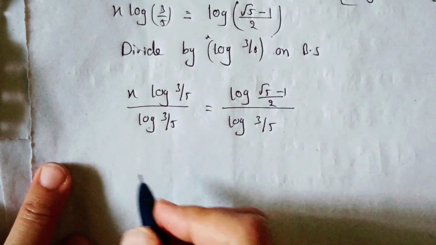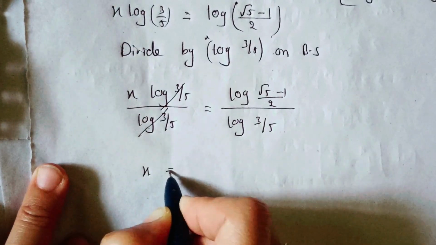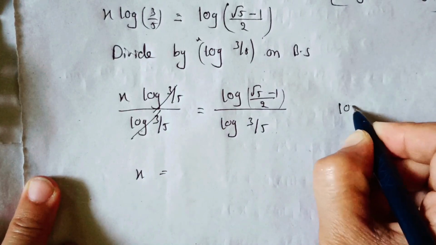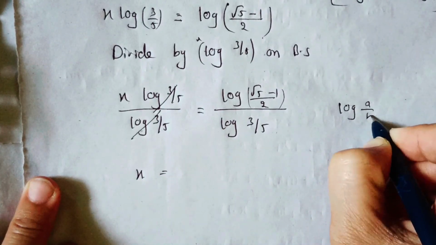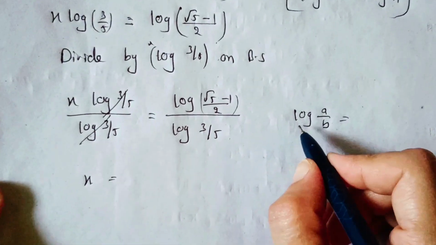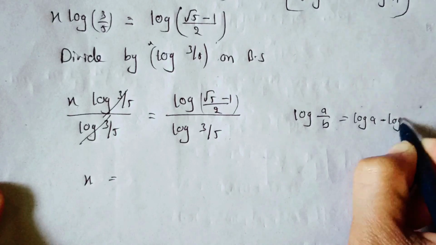Here log 3 by 5 gets cancelled. This is in the form of log a by b, and we know that log a by b is equal to log a minus log b.